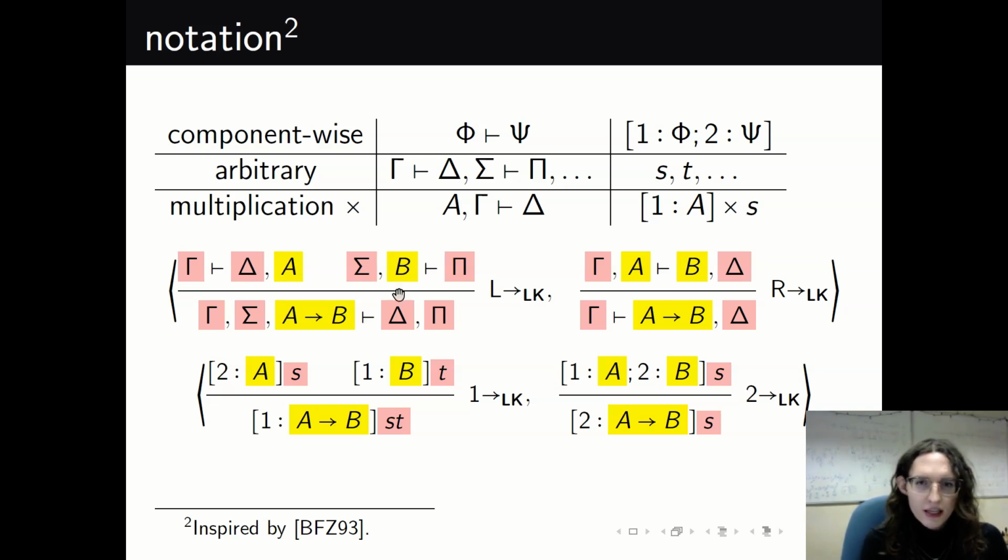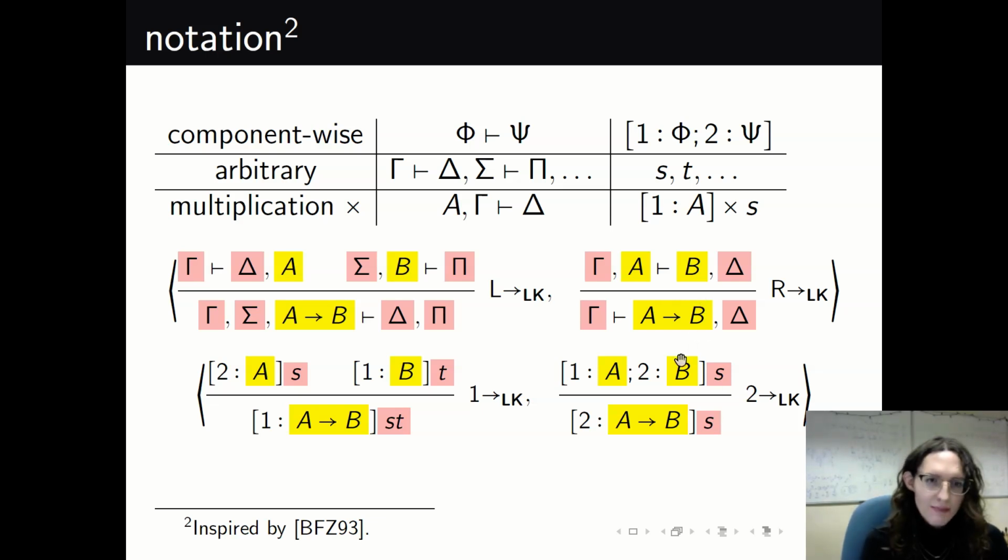So the active formulae go in the component-wise notation, the contexts go into the arbitrary sequent notation, and then obviously we can also multiply a context where we get gamma, comma sigma, multiset symbol delta, comma pi, in an abbreviated version as s times t, lowercase, right? And even more trivial for the right hand side.